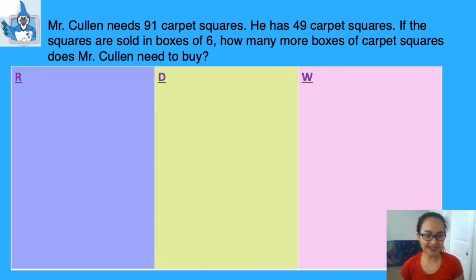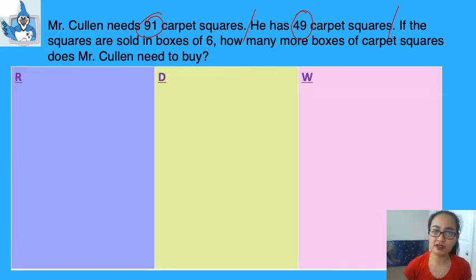One problem says Mr. Cullen needs 91 carpet squares. Chunk that. He has 49 carpet squares. If the squares are sold in boxes of 6, how many more boxes of carpet squares does Mr. Cullen need to buy?